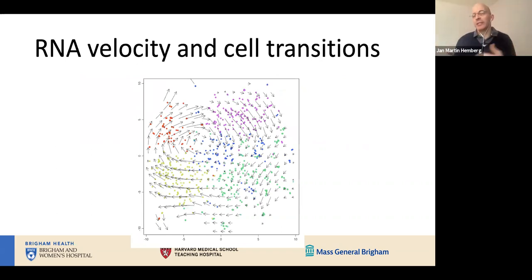We can do this for each gene in each cell, and then calculate a velocity vector that we can project onto the same space, and that really allows us to understand how each cell is moving around in this high-dimensional space.